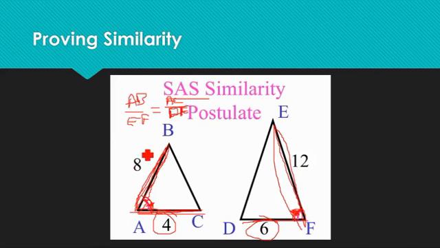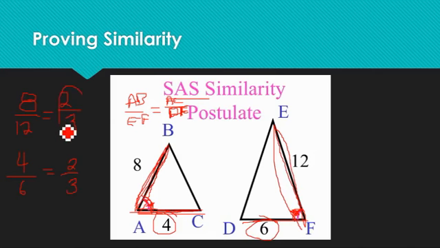So AB to EF is 8 over 12, which is 2/3, and AC to DF is 4 over 6, which is also 2/3.